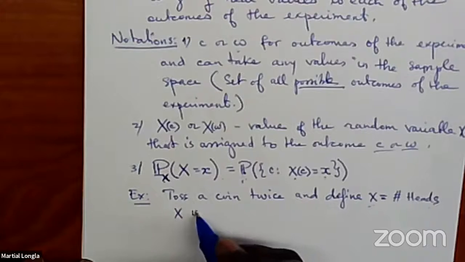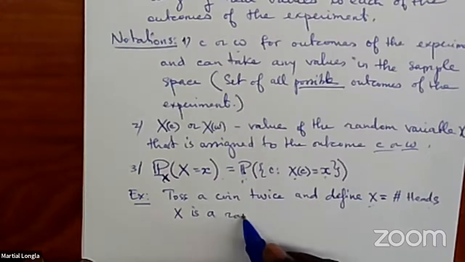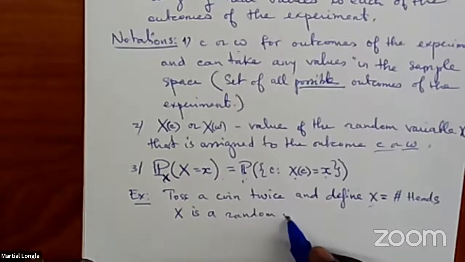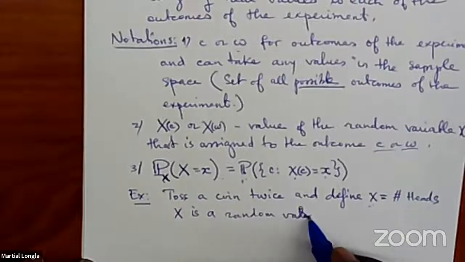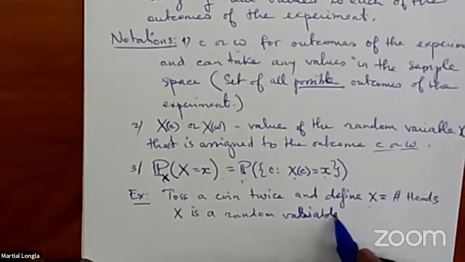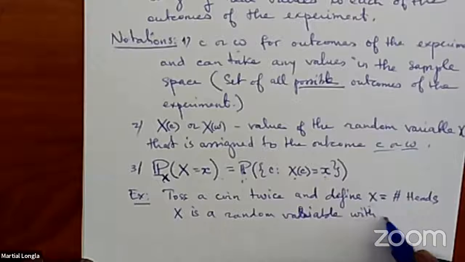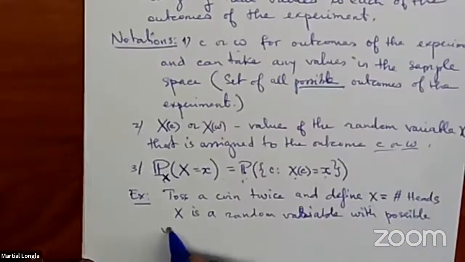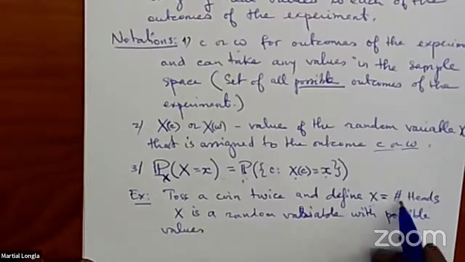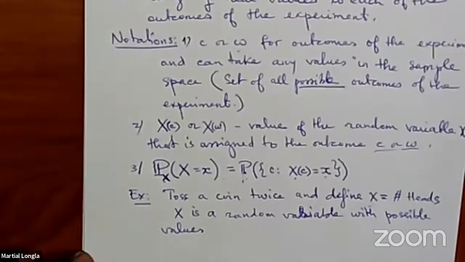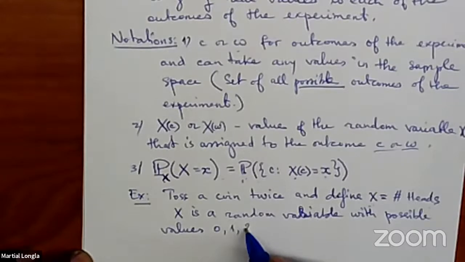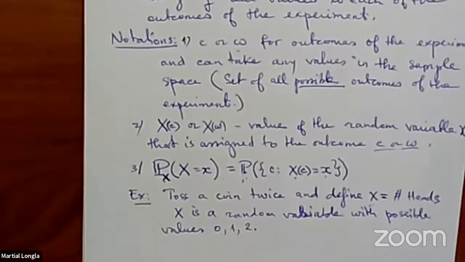So x is a random variable with possible values. What are the possible values of x? The number of heads could be 0, 1, or 2, right? So those are all the x's.